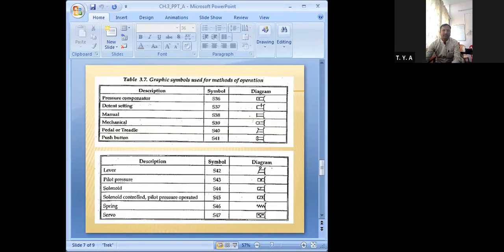Then these are the methods of actuation: lever actuation, pilot pressure, solenoid valve, then solenoid control with pilot pressure, which is a combination of these two. Then spring return and servo system. Please remember this also, because this question may be asked in the MCQ. Let us go for the next one.